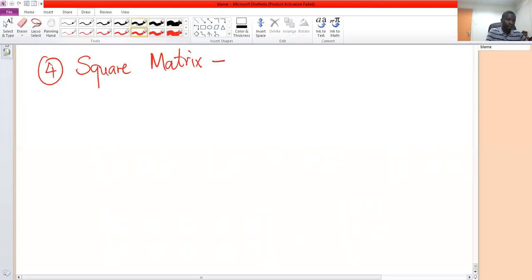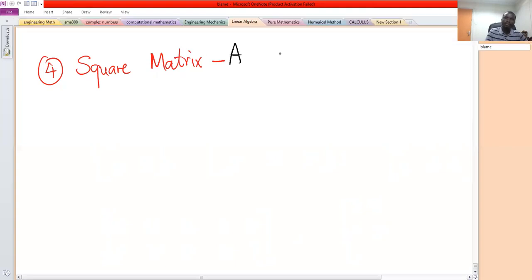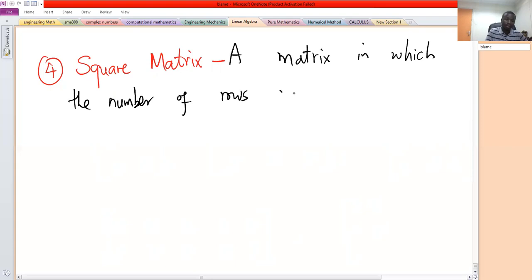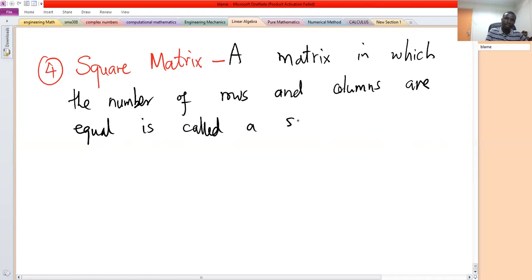So we say a matrix in which the number of rows and columns are equal is called a square matrix.